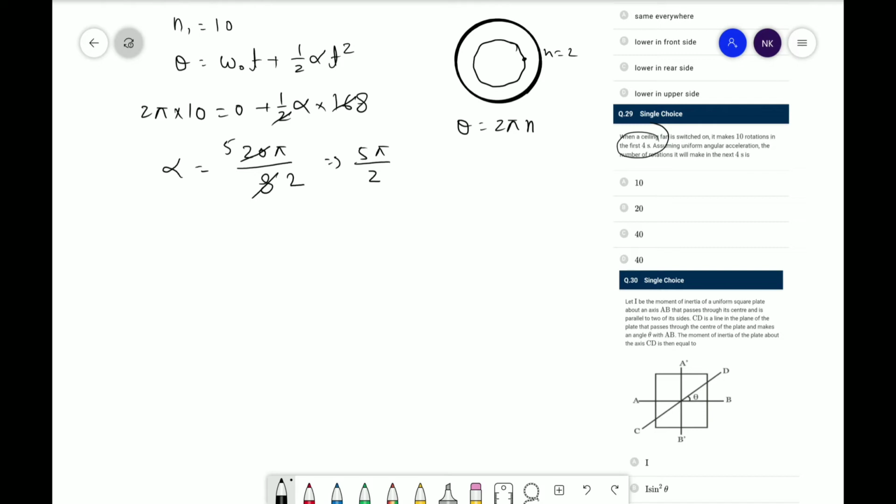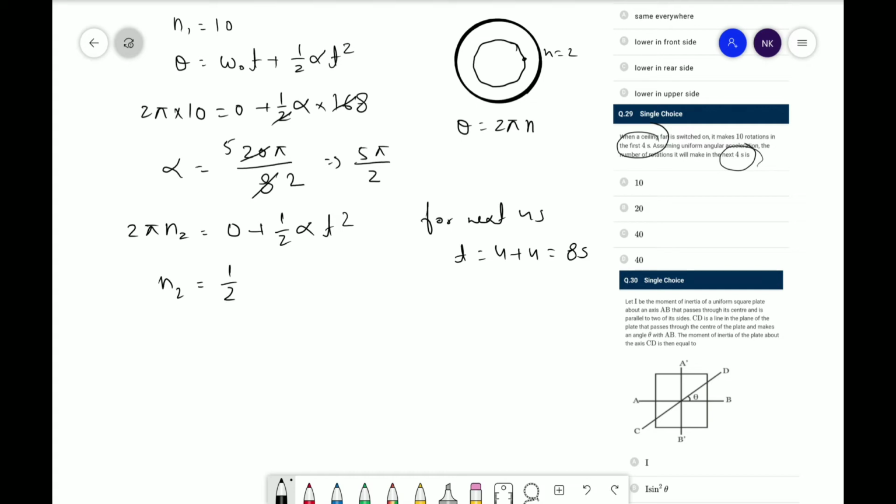Now for the next 4 seconds, t will be equal to 4 plus 4, hence 8 seconds, and the number of rotations will change. Suppose the number of rotations is n2, therefore 2 pi n2 will be equal to, with initial angular velocity 0, 1 upon 2 alpha t square. Here we have to calculate n2.